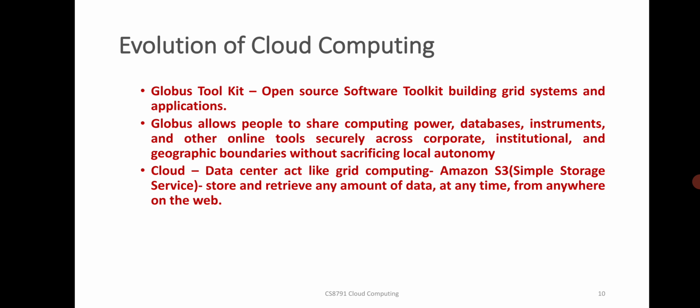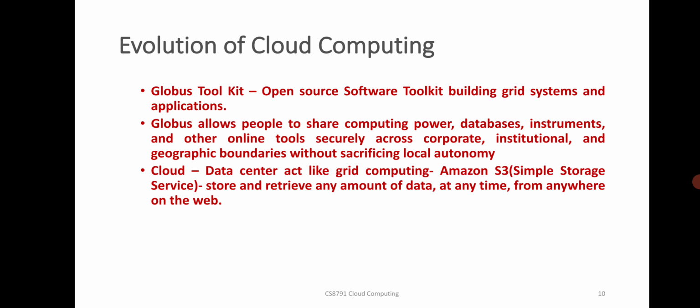After that, Globus toolkit was developed. Globus toolkit means it's an open source software toolkit for building grid systems and applications. Globus toolkit allows people to share computing power, databases, instruments, and other online tools securely across corporate institutions and geographical boundaries without sacrificing local autonomy.